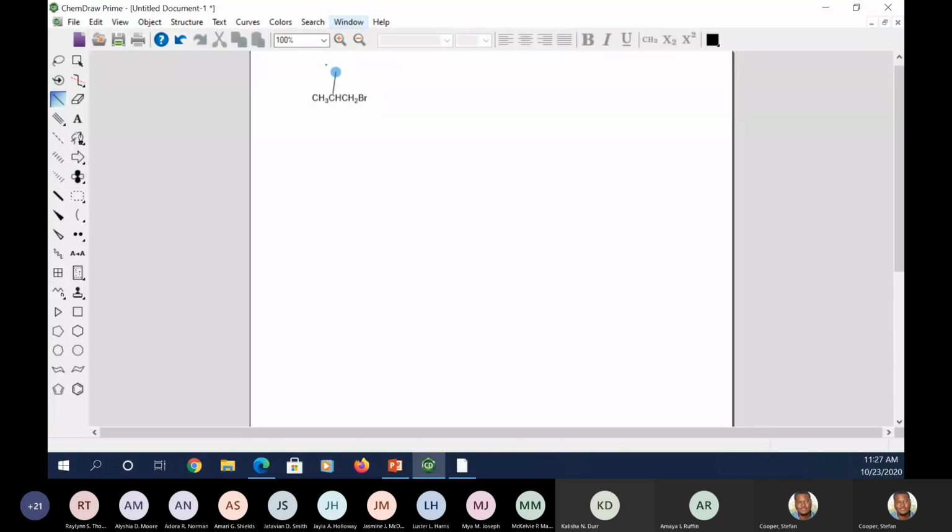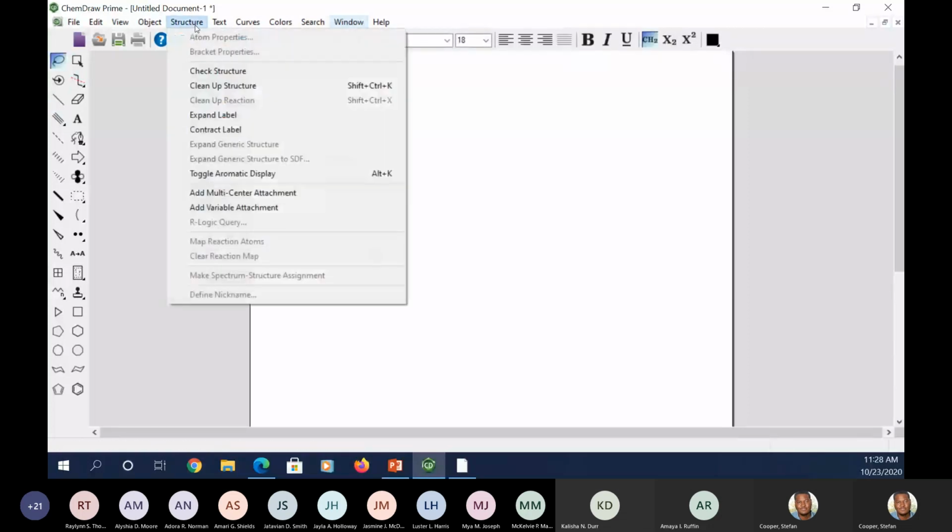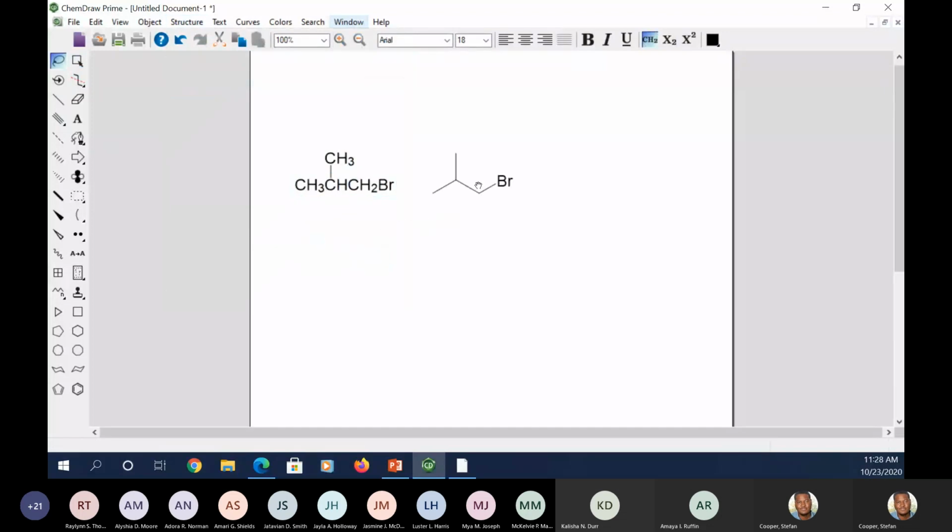Someone asked why it is called an isobutyl group. If you had to convert this into a line angle structure, you would get this. Is everybody comfortable with that?